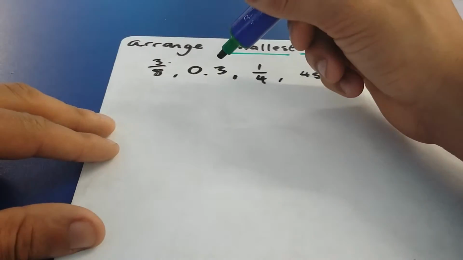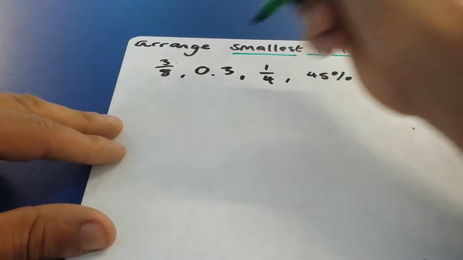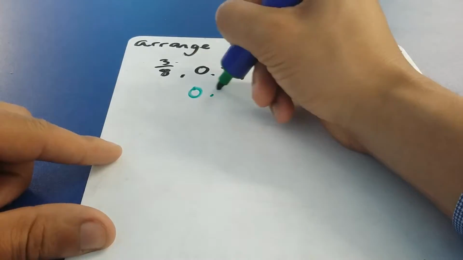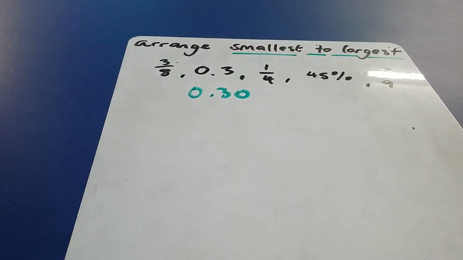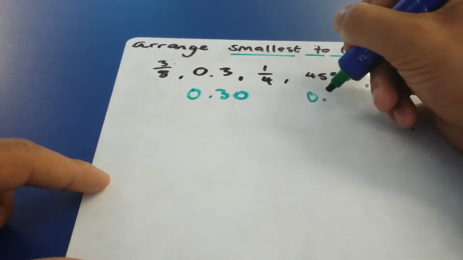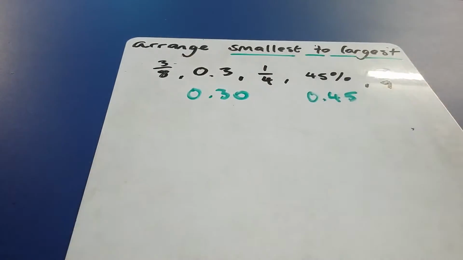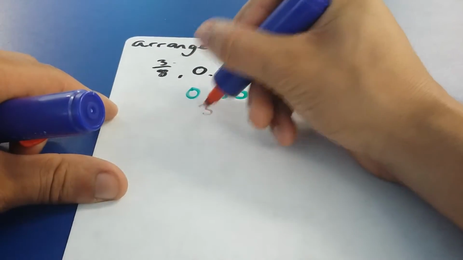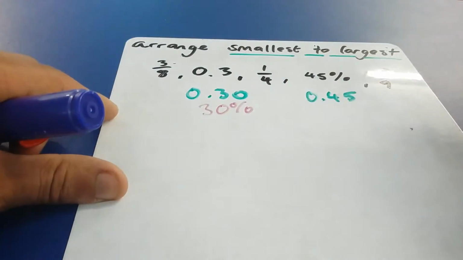So we've got 0.3, which is already a decimal. We can also convert these to percentages too. So I'm going to rewrite it as 0.30 because we've also got 45% as a decimal too, which is 0.45. But 0.3 or 0.30 is also 30%, so we've got them as a percentage as well.